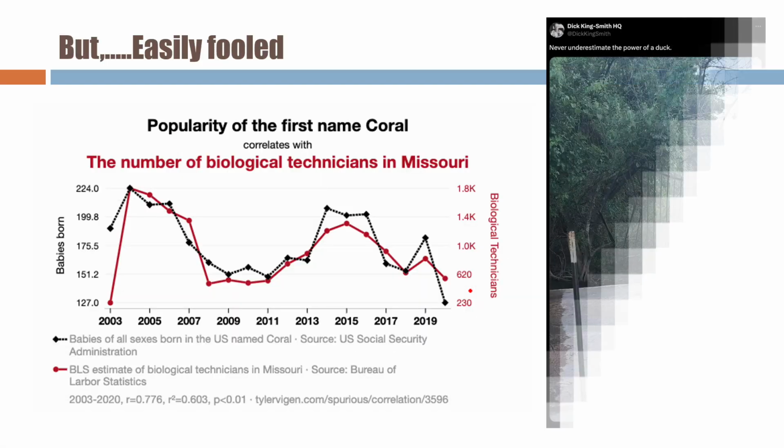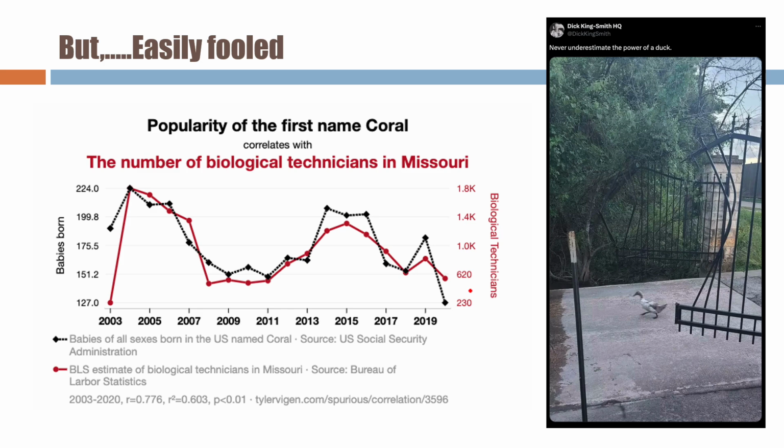But we are easily fooled. You can see these two graphs, the red chart and the black chart, match up pretty well, right? So what is this? The black one is the babies of all sexes born in the U.S. named Coral.